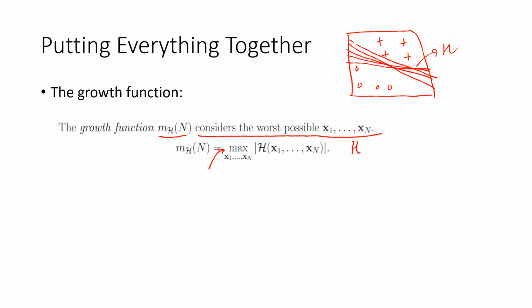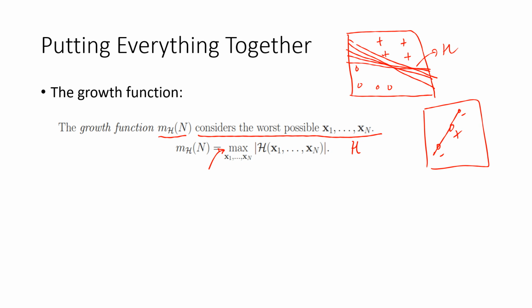We even looked at the perceptron example, if you remember. We said that for a peculiar data set where everything is on a single line, with 3 points we were not able to implement this with a perceptron, with this one being positive and this being negative. But there was a way to implement a perceptron with 3 points, right? So we looked at all possible sets of 3 points, and then we went ahead and looked at all possible 4 points.